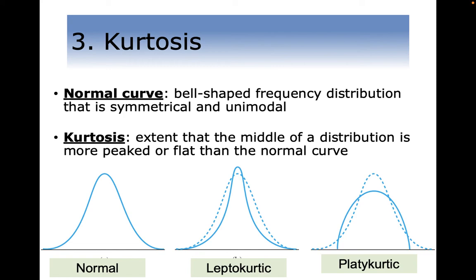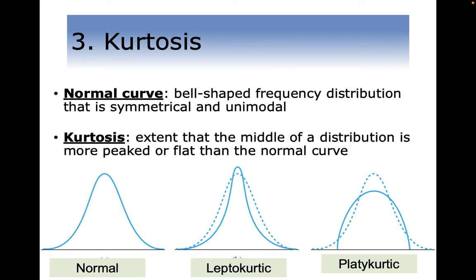We'll discuss the normal curve in quite a bit of detail in later chapters and in later lectures. But for right now, the important thing is that the normal curve is unimodal and symmetrical, that has a peak at the average. And so that's what you see on the left side, a normal curve.